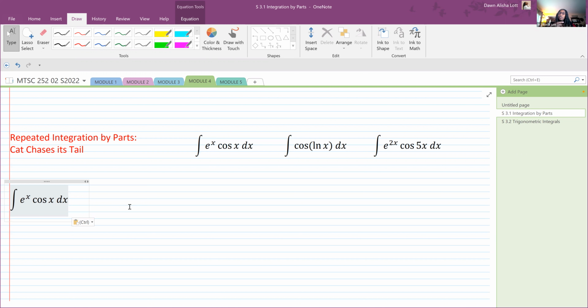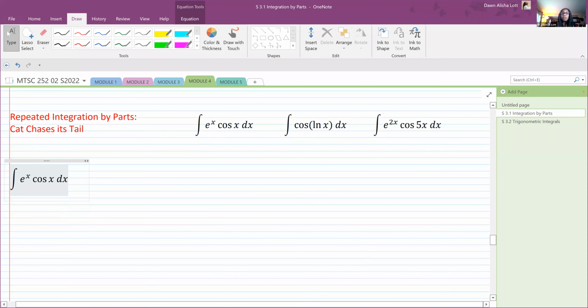So these things that repeat in circular fashion when they're put together in an integral are going to chase their tail. So let's see. It doesn't matter which one I choose for u, but I'm going to choose u to be e to the x. And whichever one I choose for u on the first go round, I better choose for u on the second go round.